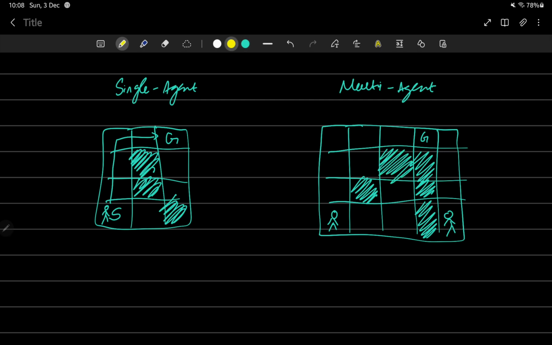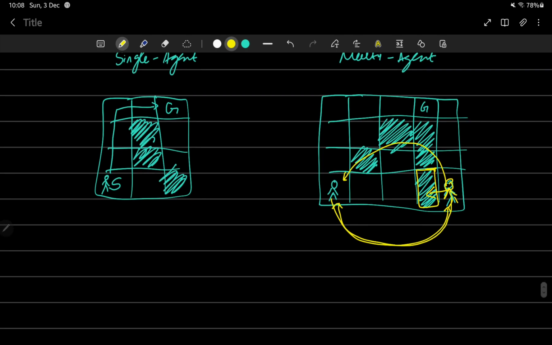All right, so now what will happen? Let's say this agent and this agent can now communicate with each other, right? So this agent will, let's say, move to the left, and it will communicate to this agent that in this specific position there is a wall, so do not take this path.